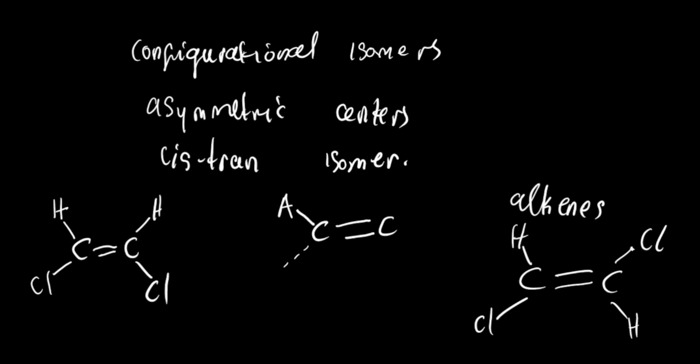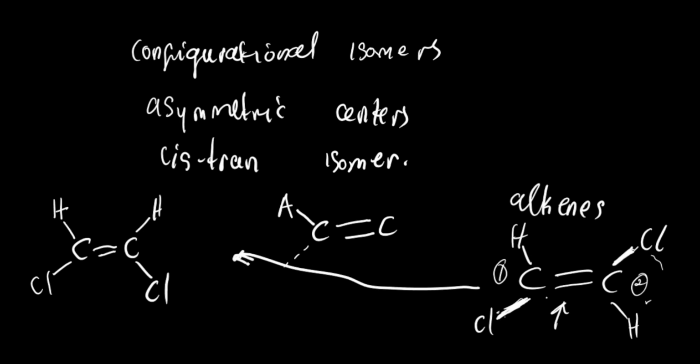Now notice that the orientation of the chlorine in this molecule is in an opposite direction. While the chlorine on carbon 1 here is downwards, on carbon 2 here it's upwards. And because the double bond prevents rotation, the chlorine is unable to flip to the same side. So this molecule is unable to randomly transform to this, and this is unable to randomly transform to this.